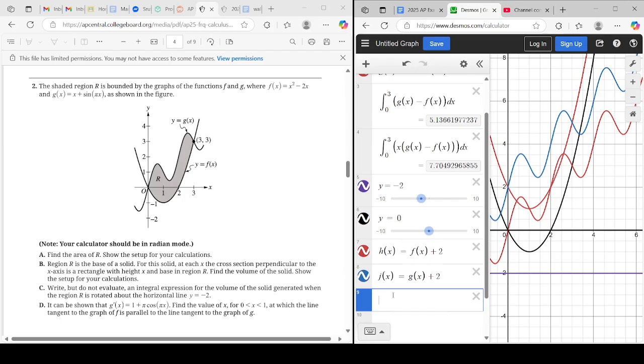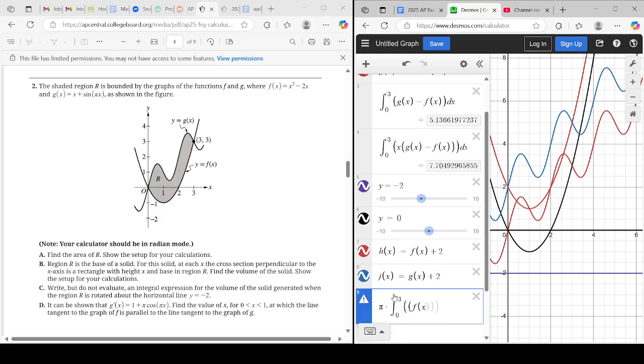So the volume would be pi times an integral from 0 to 3 still, because you're not changing your left and right bounds, you're only moving up and down, of, and remember the washer method, you're going to square each one individually. Don't square them together, that's for cross sections with squares.